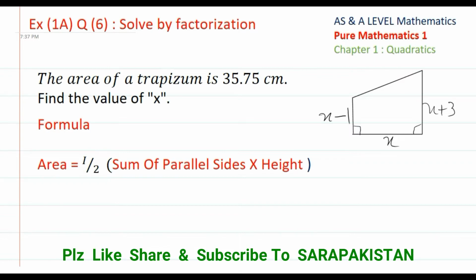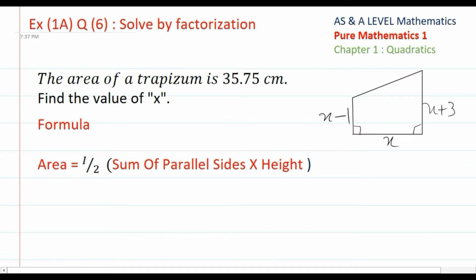So applying the values, you will get 35.75 equal to half and sum of parallel sides x minus 1 plus x plus 3 times height is x.